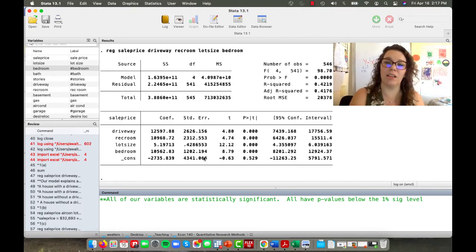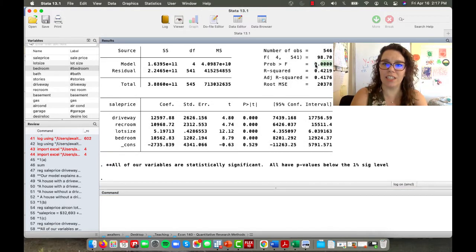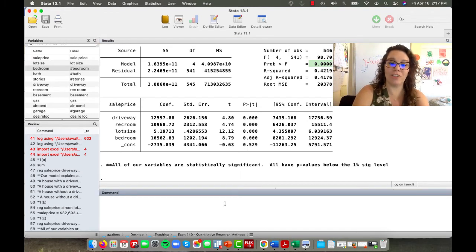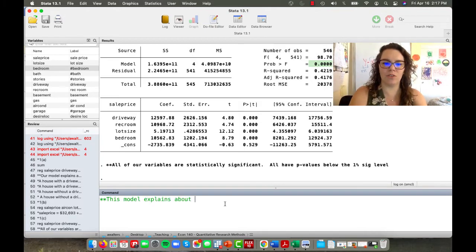We can reject the null hypothesis. The standard errors are low. For the R-squared, we can reject the null hypothesis because the p-value is below the 5% significance level. The F-stat is large. We can interpret the R-squared, which by now you are hopefully really comfortable with. This model explains about 42% of the variation in house sale price.